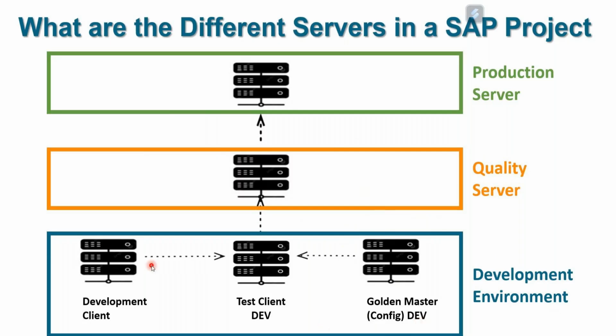Similarly, when you ask your ABAP developer, the programmer, to do the changes, he is going to do these changes in the development client. He has another server, another client where he does the changes. Finally, we move these changes to something called a test client, where you are going to test these changes.